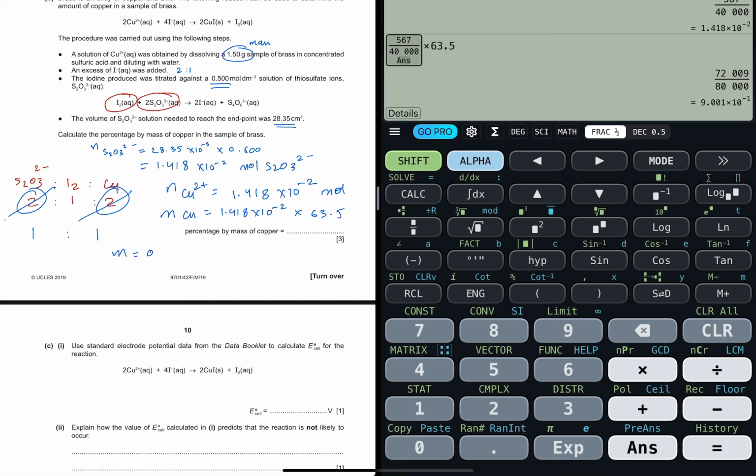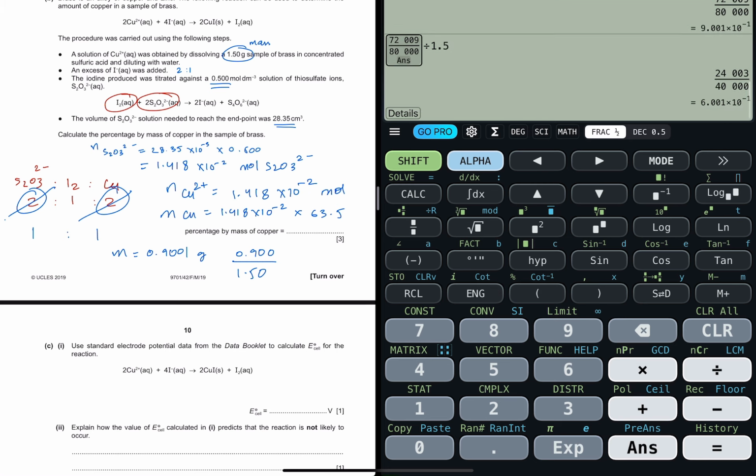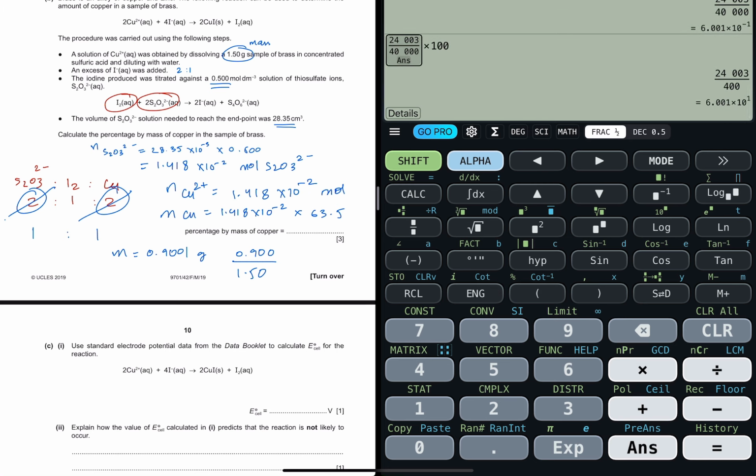Mass is equal to 0.9001 grams. Percentage is equal to 0.900 divided by 1.50, times 100. So the percentage is 60.01%, because there's an exponent 1.